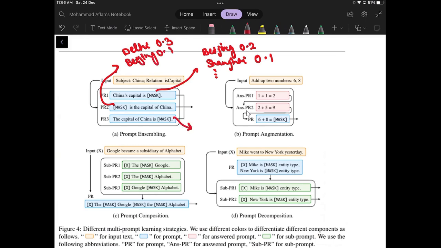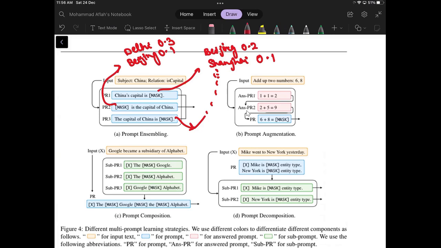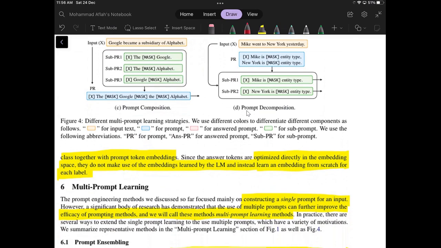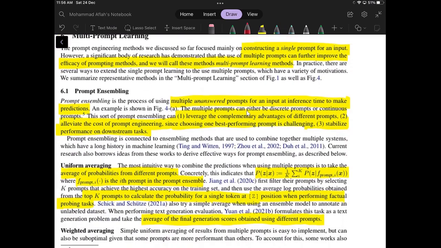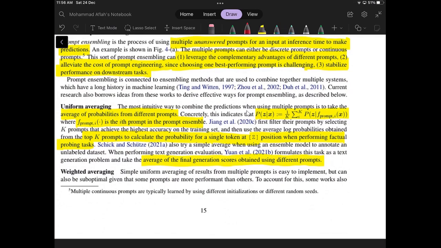But the third one again gave a similar distribution as the first one, but with different probabilities. On average, when you average up these probability distributions over the tokens, Beijing would hopefully be the best answer, or the answer with the highest probability mass.